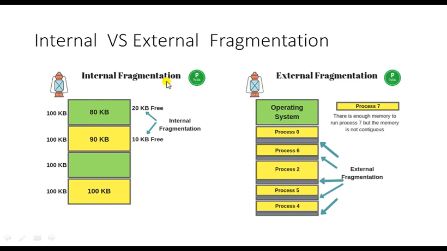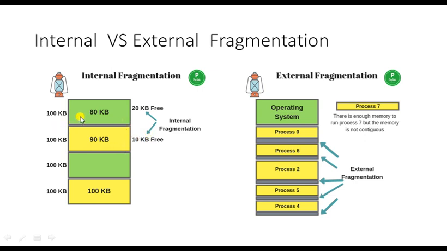Internal fragmentation. Suppose here memory is divided into 4 blocks. Each block is of capacity 100 KB. First block is occupied by 80 KB. Second is occupied by 90 KB. Okay. So first block is occupied by 80 KB in the sense remaining 20 KB is free. Second block is occupied by 90 KB means 10 KB is free.